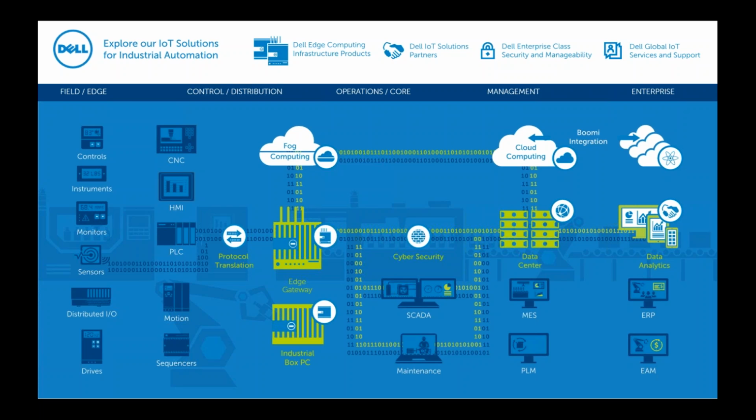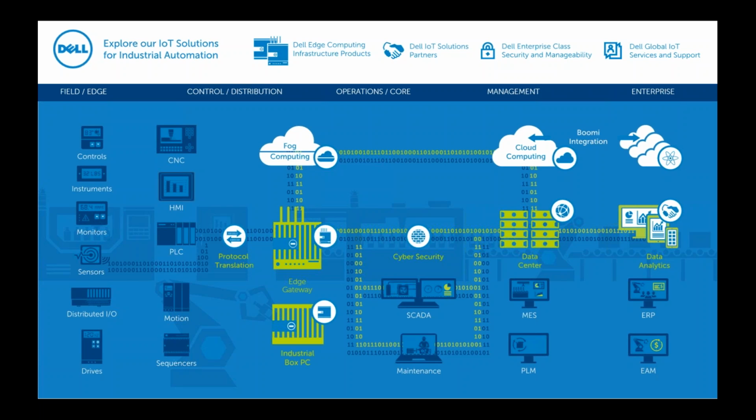Before we get started, I just want to show an overview of Dell's taxonomy of where our solutions fit in the manufacturing system. We understand manufacturing, and we understand the type of data that you need to capture. But also we understand that we need an ecosystem of partners in order to give you those solutions from end to end. So this diagram is showing you our capabilities with our Edge Gateway as well as our industrial PC solutions.